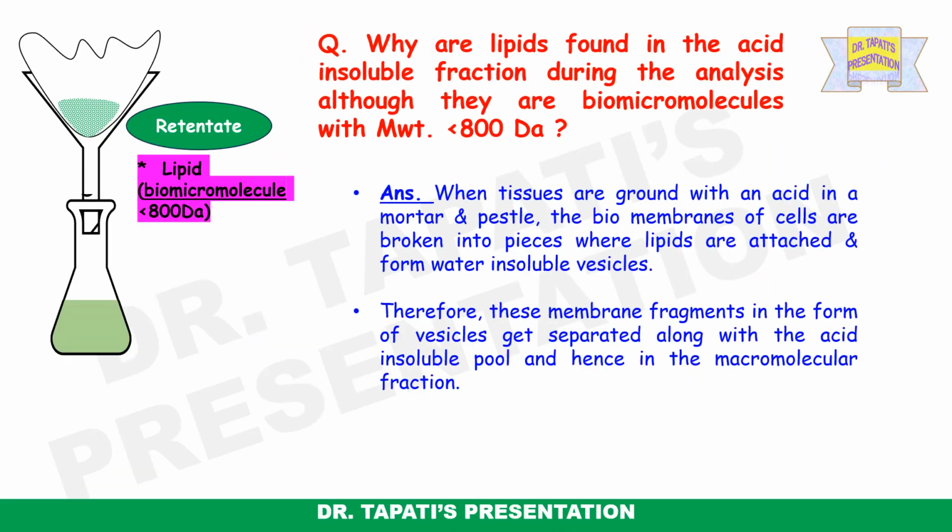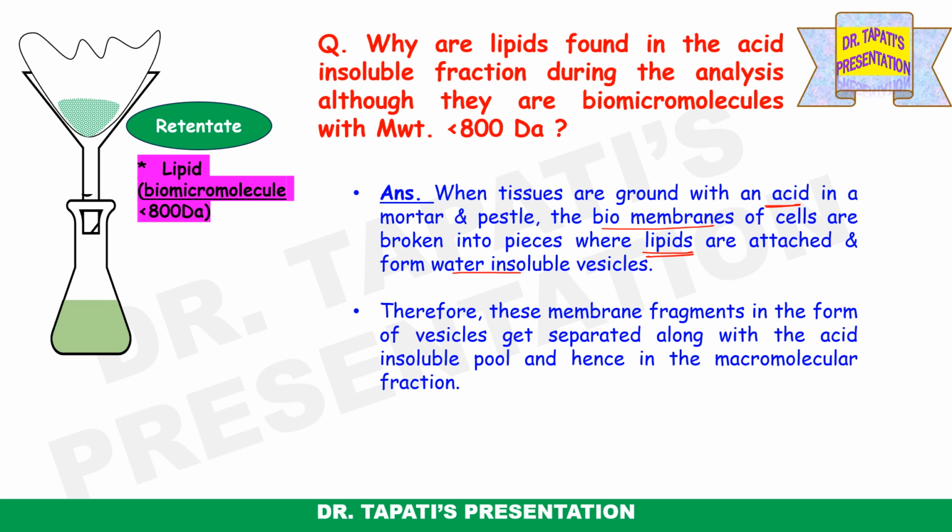During the analysis of chemical composition, when tissues are ground in an acid, that means trichloroacetic acid, in a mortar and pestle, the biomembranes, that means cell membranes or organelle membranes of cells, are broken into pieces where lipids as phospholipids are attached and form water insoluble vesicles.